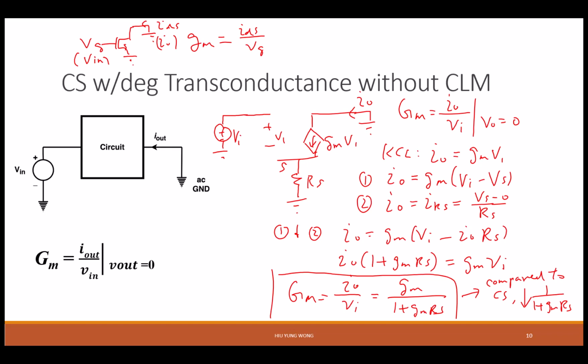And we also expect the gain to be smaller because of the feedback coming from the source. We do show that the gain is smaller by 1 plus Gm Rs. The output impedance, however, is higher by 1 plus Gm Rs. But the transconductance, a new concept we just learned how to derive, is reduced by 1 plus Gm Rs. And this is when there's no channel length modulation.